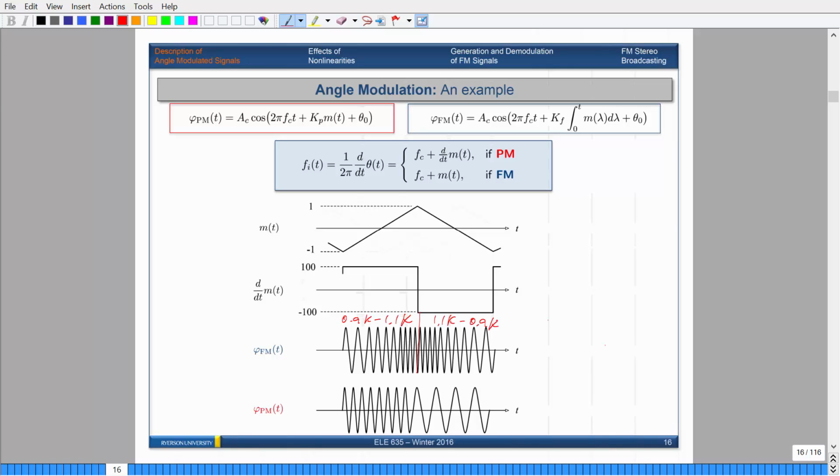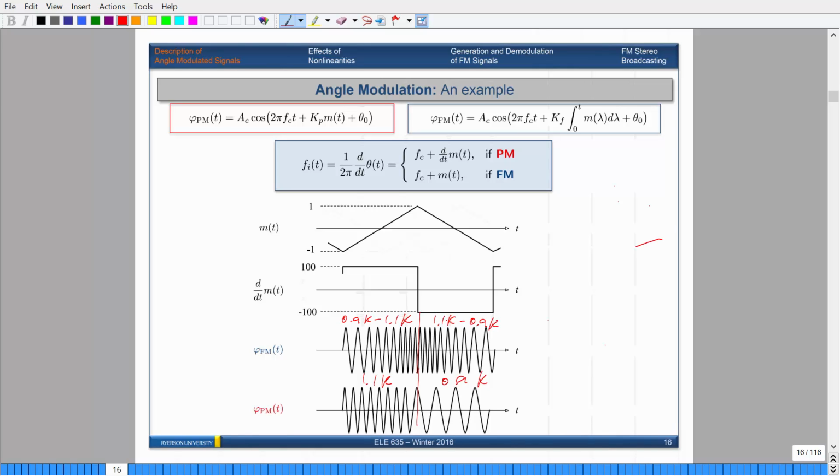And then just for a comparison, we see that here's the phase modulated signal. So between here and here, this is a constant 1.1, and between here and here is a constant 0.9. So that's what the difference is. If you're taking a look at a triangular wave for a phase modulated signal, in between the points with the same slope, the frequency stays the same for the phase modulated signal, but for the frequency modulated signal, it gradually increases, starting from small to large, right?